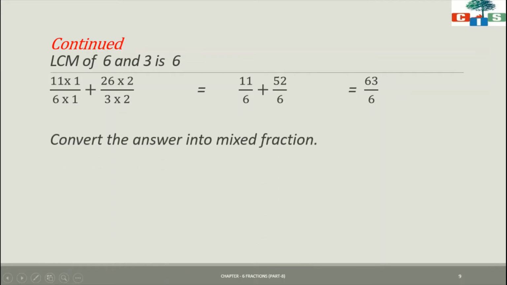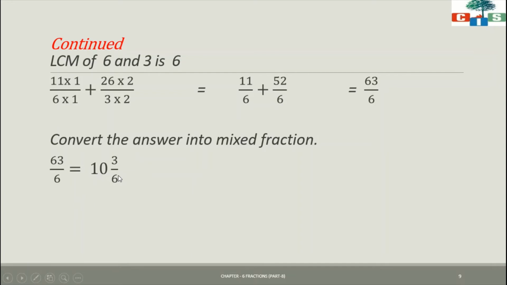Now scholars, we can see that this is an improper fraction, so we have to convert the answer into a mixed fraction. How do we convert an improper fraction to a mixed fraction? By dividing. When we divide 63 by 6, we get the mixed fraction 10 3 upon 6.